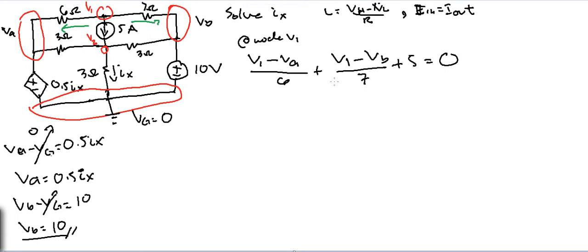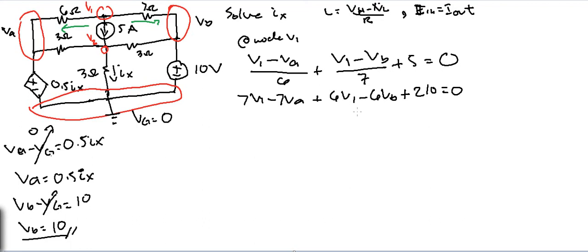Now, if we simplify this equation, ang LCD ng 6 at saka 7 is we have 42. We have 42 value for the LCD of 6 and 7. So, ngayon, we have 7V1 minus 7VA plus 6V1 minus 6VB plus yung 42 natin, multiply natin doon sa 5 natin, we have 210.